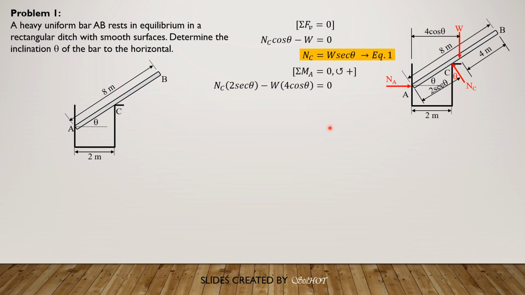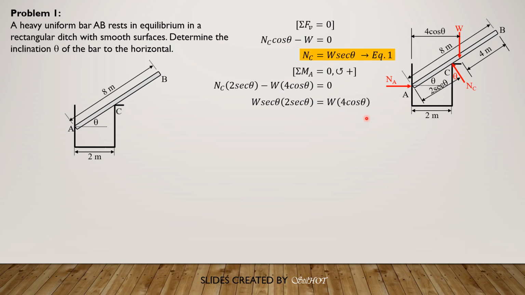theta equals 0. Replacing N sub C by its equivalent, which is W secant theta, and transposing 4 W cosine theta to the right, we can cancel out W, and note that 2 divided by 4 is equal to 1/2, and we have cosine theta divided by secant square theta.